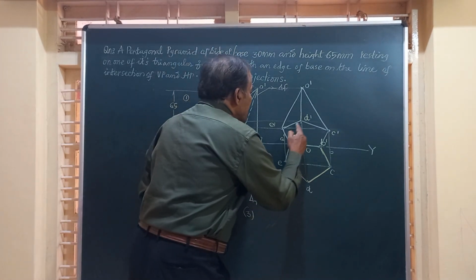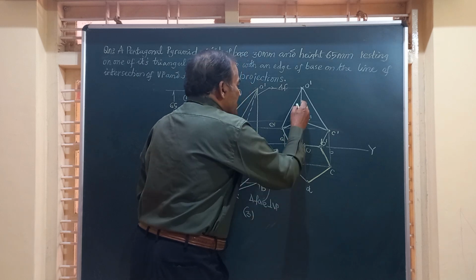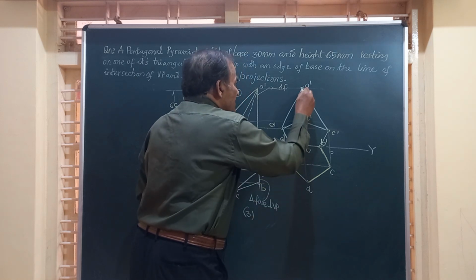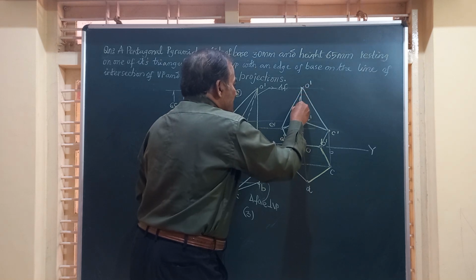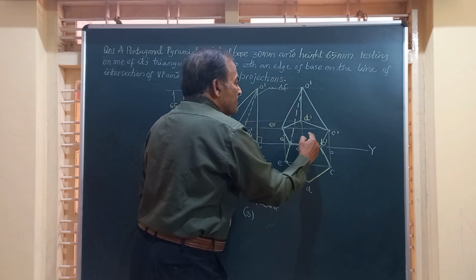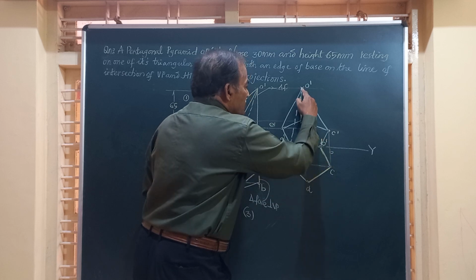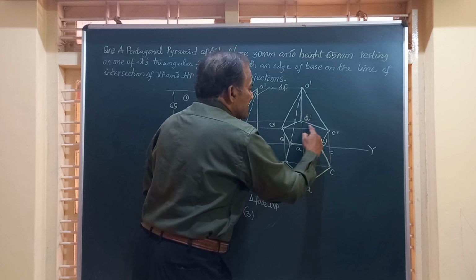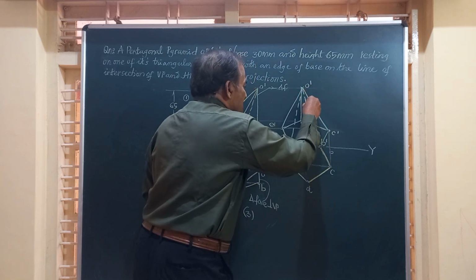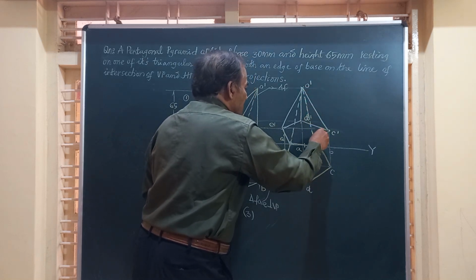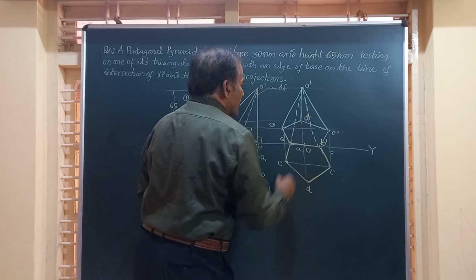So friends, here E dash D dash is known to be a full line, and hence this line joining O dash and A dash should be a dotted line. Like friends, here also, when you join O dash to B dash, it is intersecting CD. This is a full line already, so this has to be compulsorily an invisible line or a dotted line.